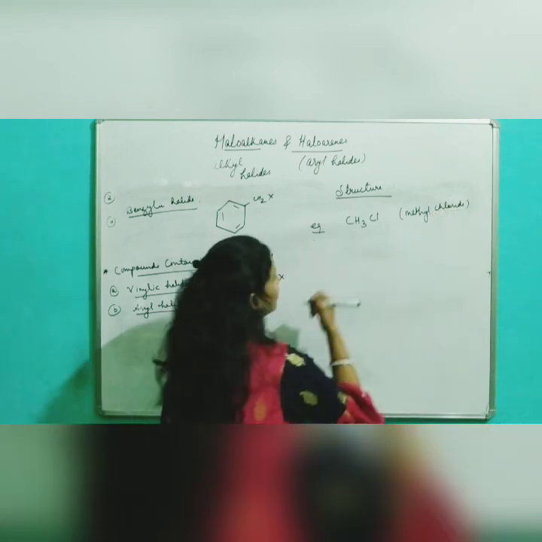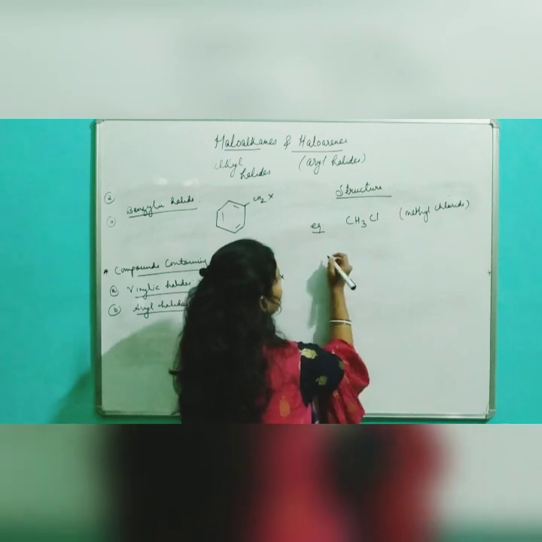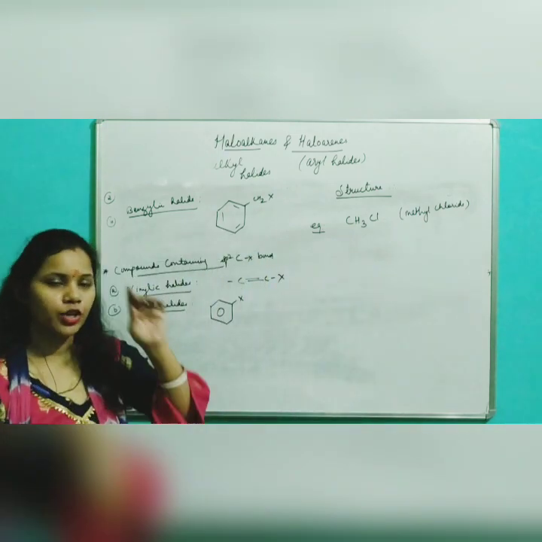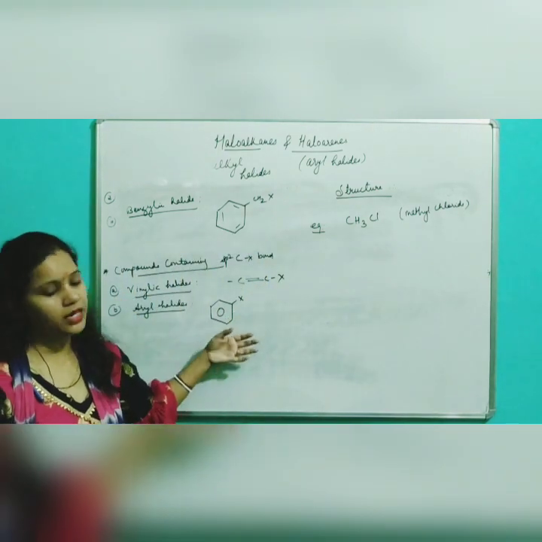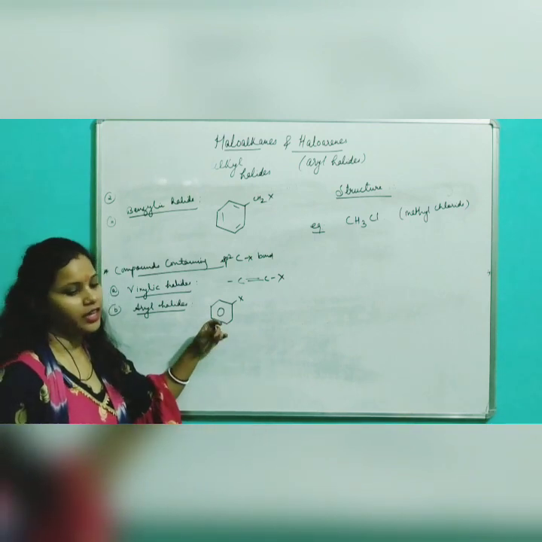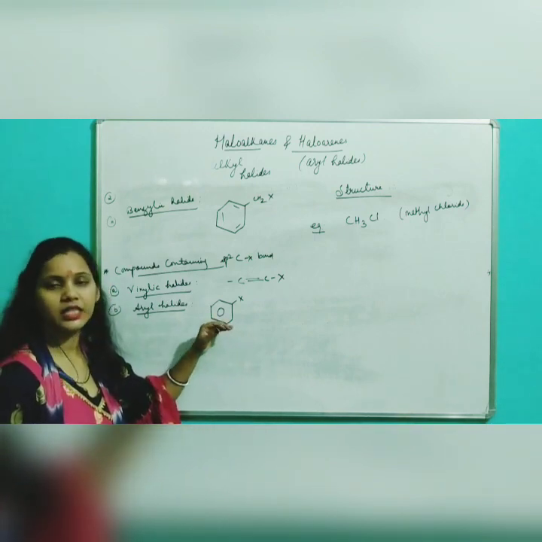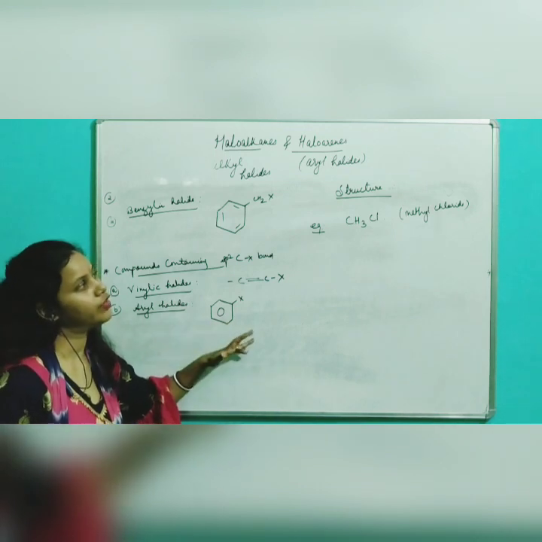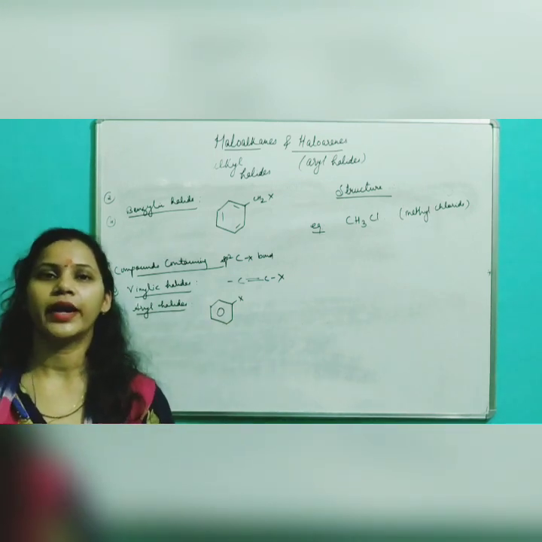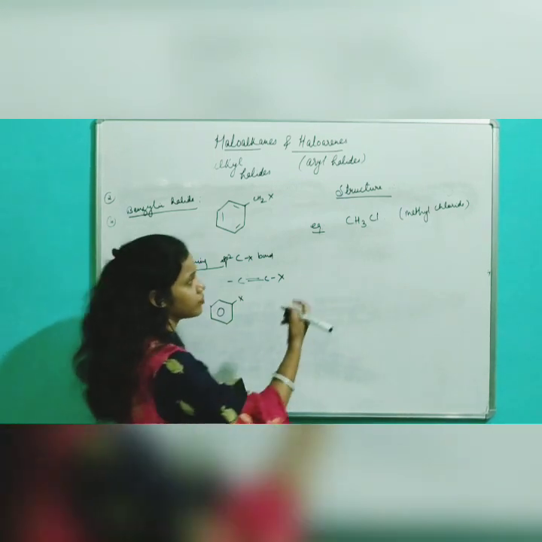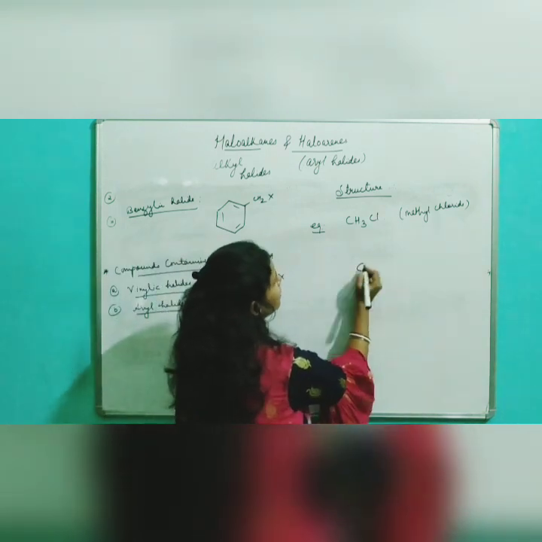If we draw, we know that chlorine has half-filled p orbitals. The chlorine atom has a half-filled p orbital in its valence shell, and the C-Cl bond is formed by the overlapping of the sp3 orbital of this carbon. So it will be like this.